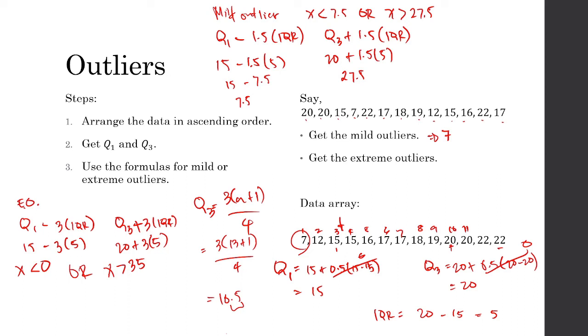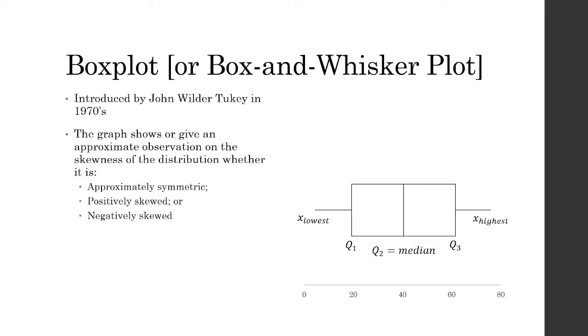So in that, since we are done looking into quartiles, IQR, median, and outliers, I'll be introducing this box plot, or what some called box and whisker plot.